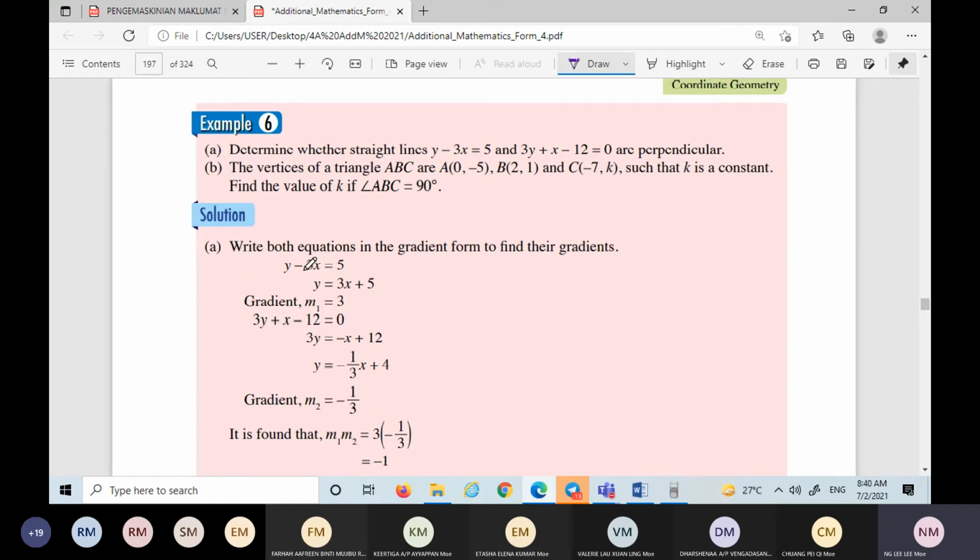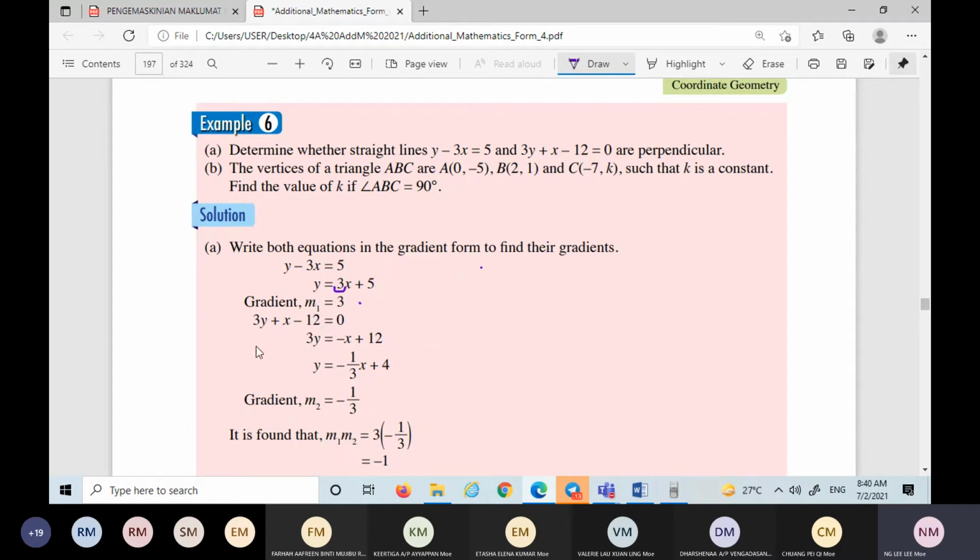For the first line, negative 3x moves to the right hand side, becoming positive 3x. So y equals mx plus c, and this is the gradient. So the gradient of the first equation is 3. For the second equation, first you move the positive x to the right hand side, becoming negative x, and then minus 12 becomes plus 12. Then you don't want the 3, so divide every term by 3.